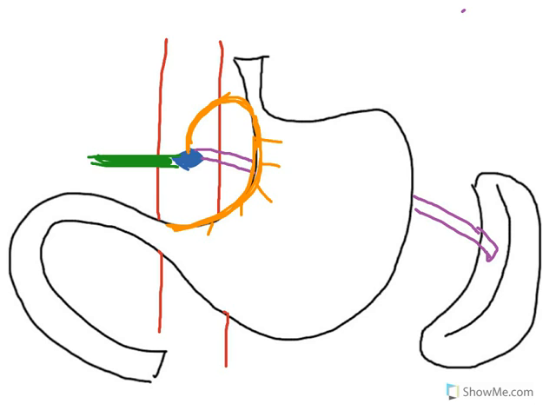But these major blood vessels, if we go from right to left here, we do have the common hepatic artery, left gastric, and splenic arteries.